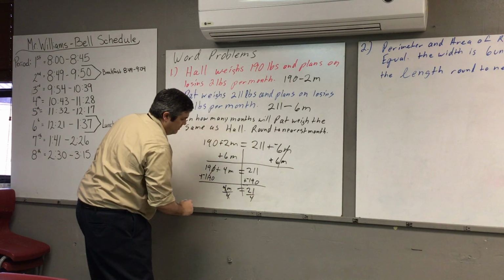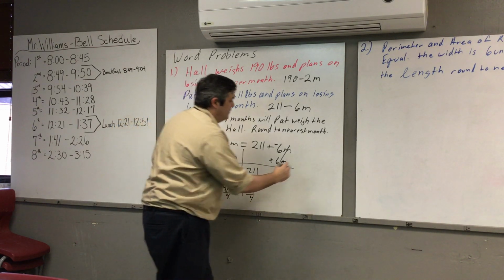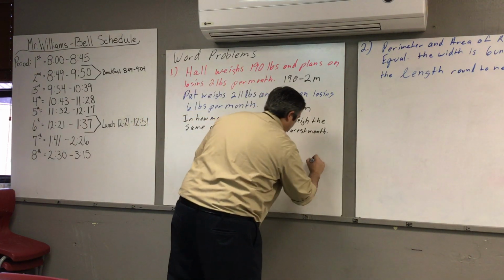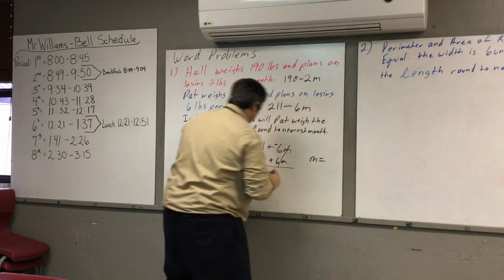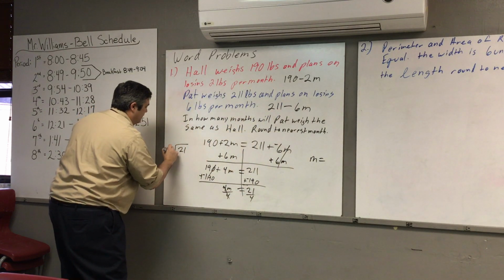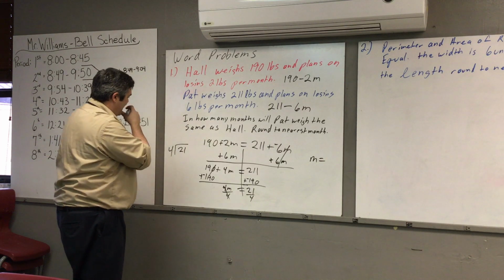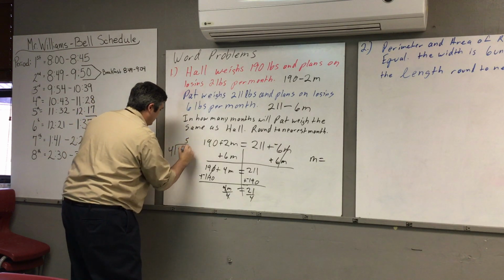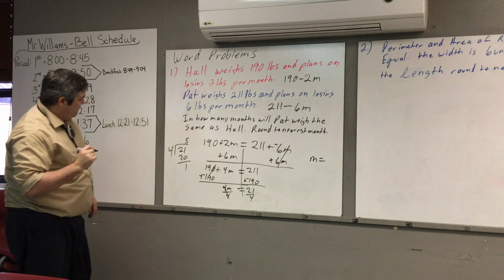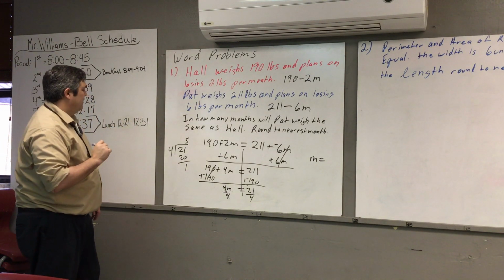This cancels out. That leaves me with M, and I'm going to come over here just because I ran out of room down here. M equals 21 divided by 4. That's 5 1/4 or 5.25.